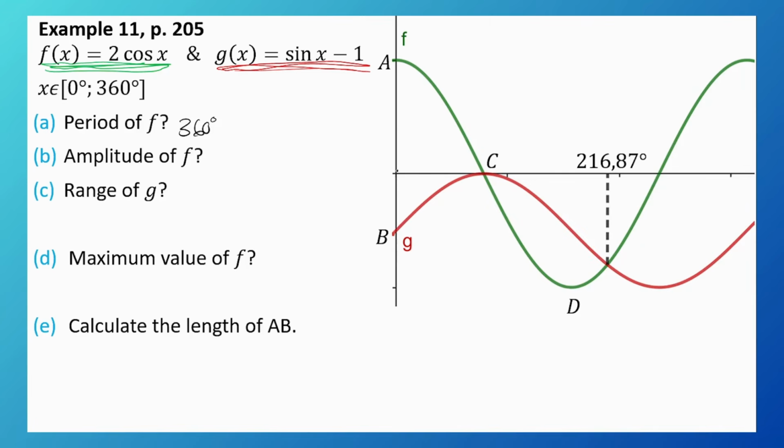So it's the distance from here to the highest point or to the lowest point, to those turning points, which is 2. You can also read it from there. So that would make this y value over here 2, and this lowest y value there, -2.